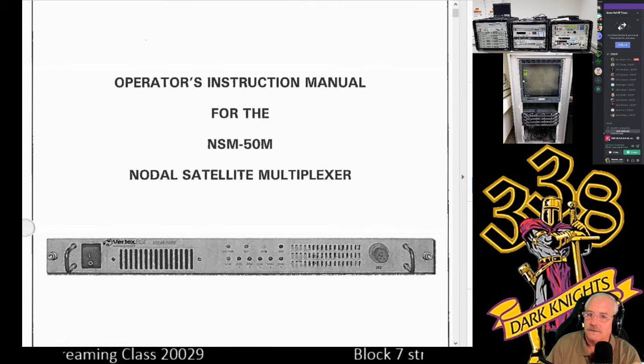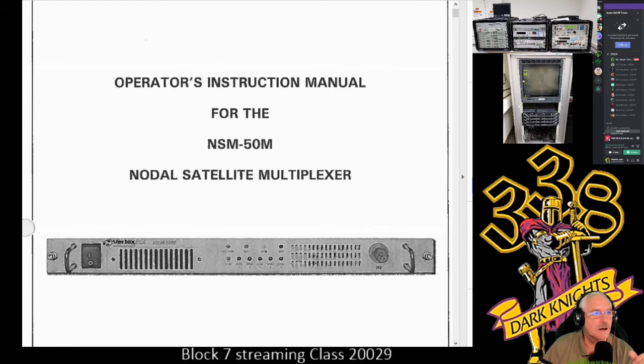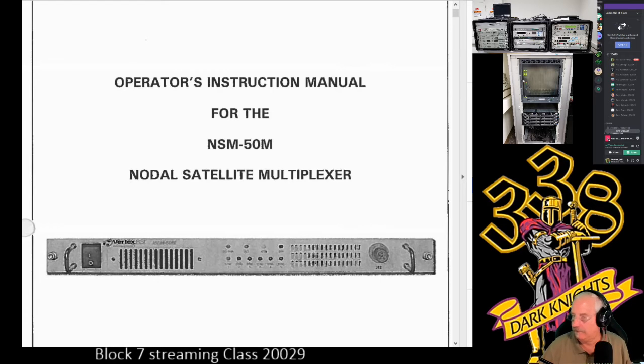Yes, sir. So if you guys would go ahead, pull up your operator's instructional manual for the NSM. It is 31R2-2 Tango Sierra Charlie 179 extract or -2 extract NSM 50 operator's manual. It should be a PDF.